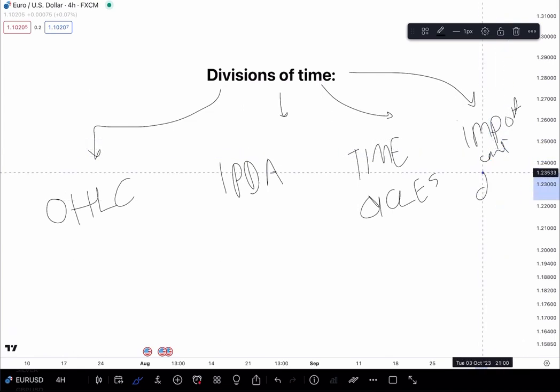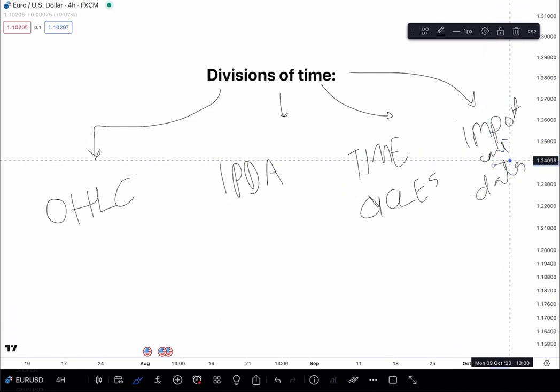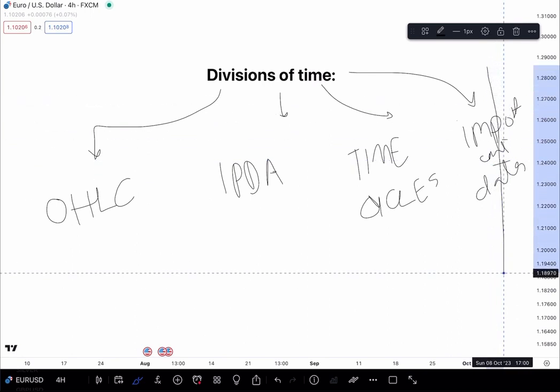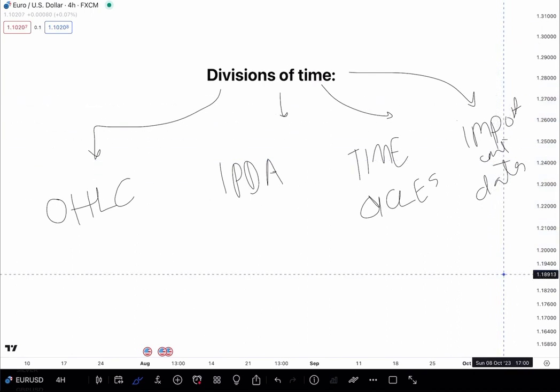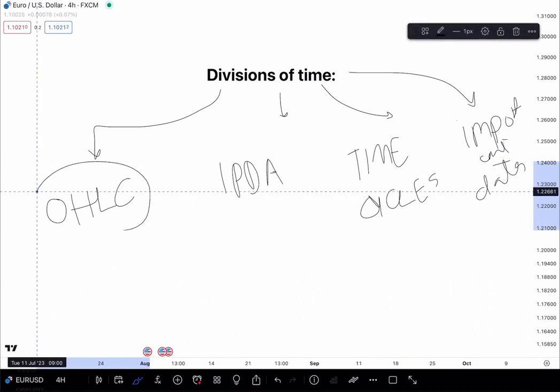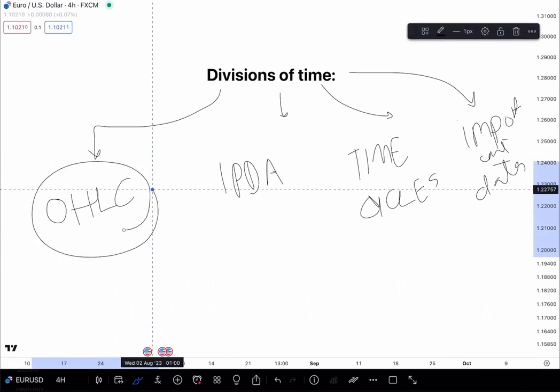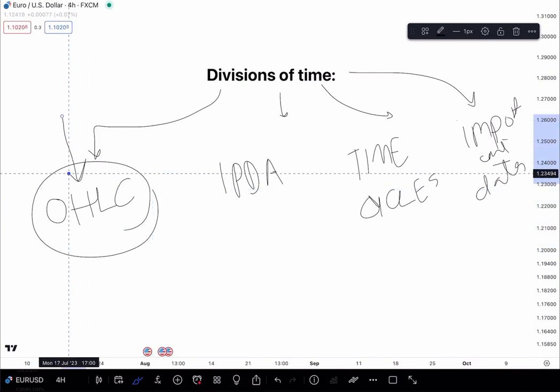Important dates, right, so to the day, a certain day. For this teaching, we're going to be focusing on the open, high, low, and close aspect of time, which by itself is an extremely complete approach to time.